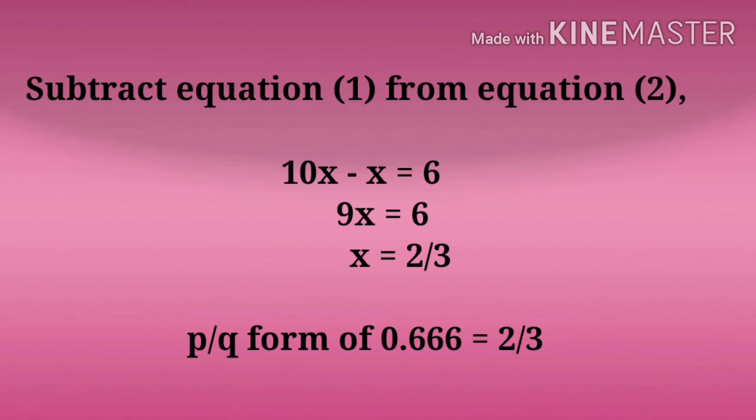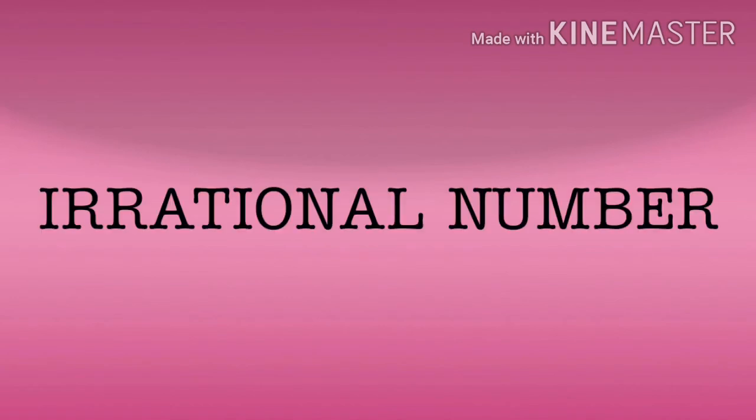So now we are going to irrational numbers. What are irrational numbers? What are rational numbers? Rational numbers means terminating or non-terminating recurring. Then what about irrational numbers?